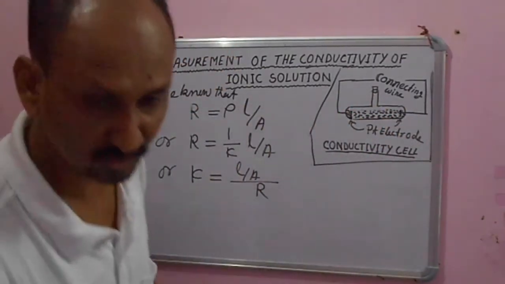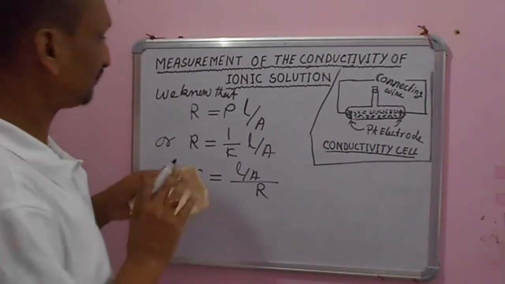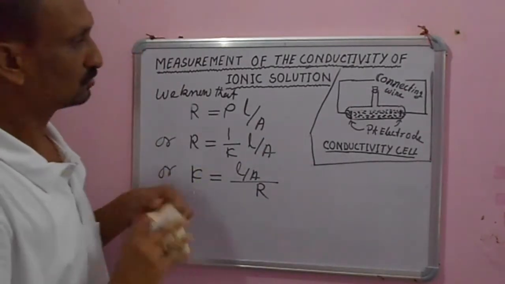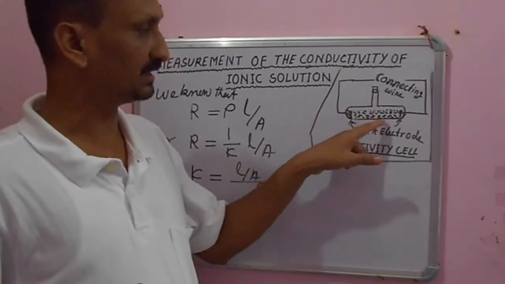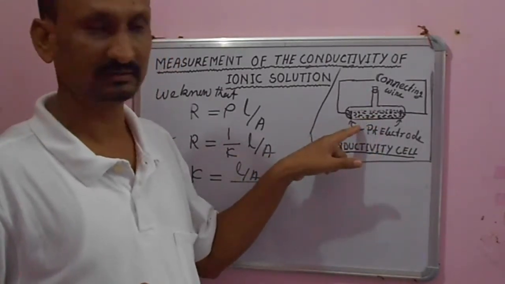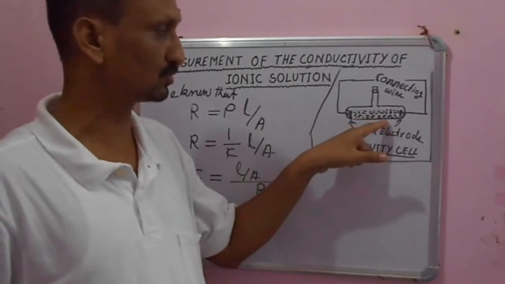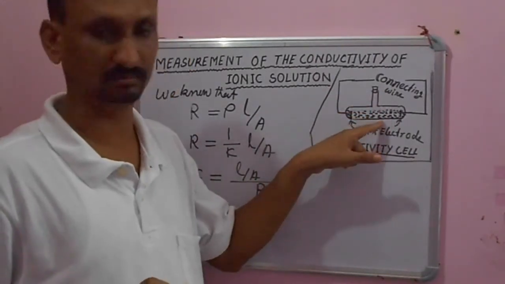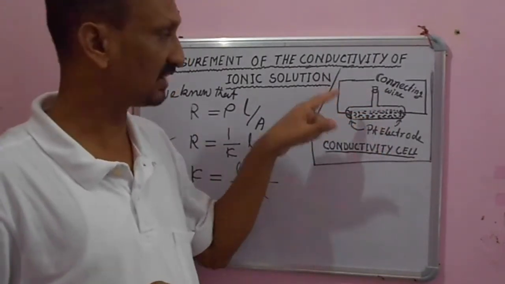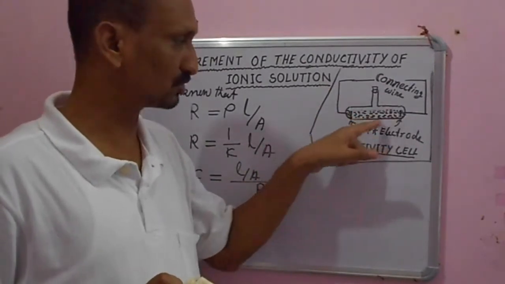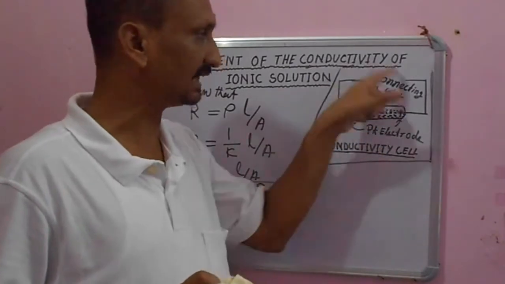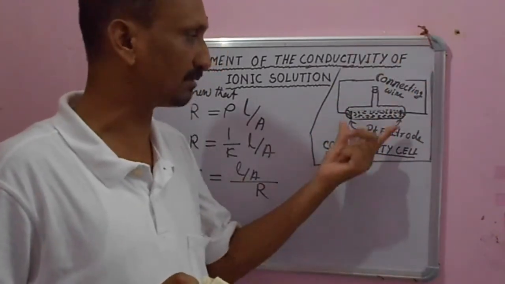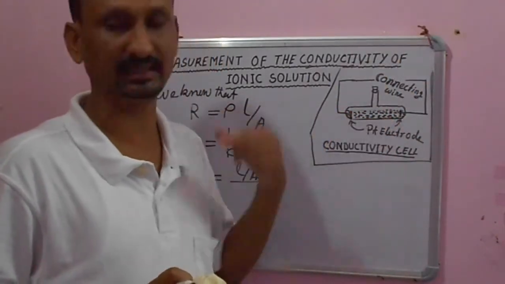So what we will do, at first we take one known solution in the conductivity cell, that is generally potassium chloride solution. Its conductivity is known, and then it is connected through a Wheatstone bridge, and thereby resistance R is measured.